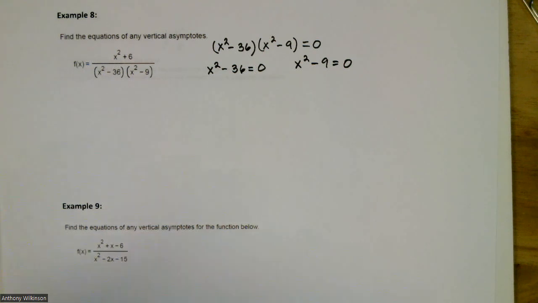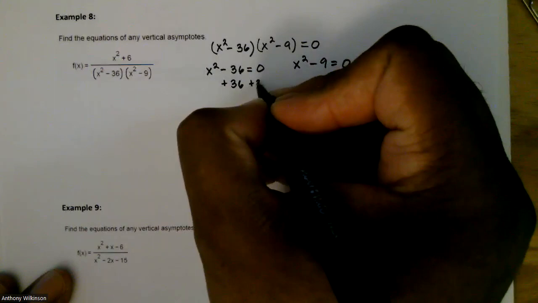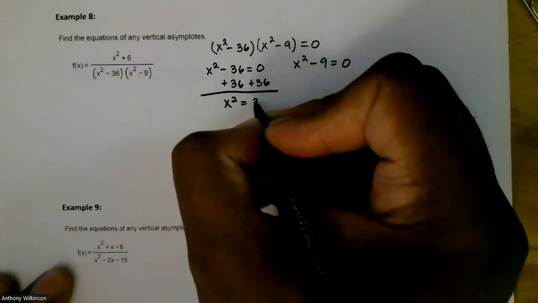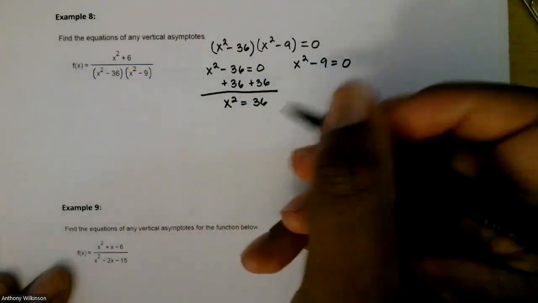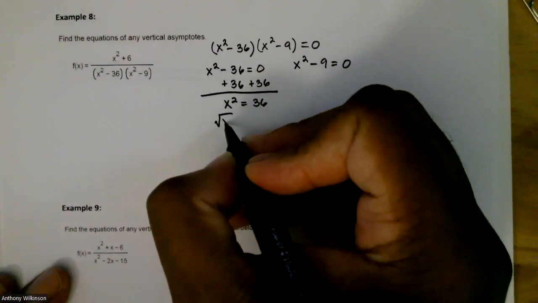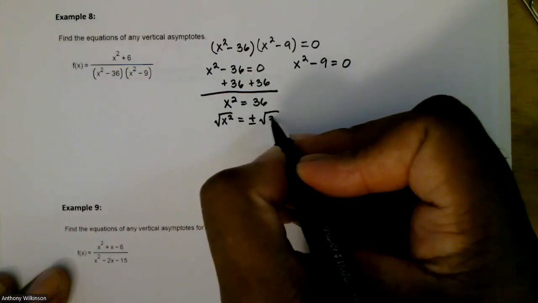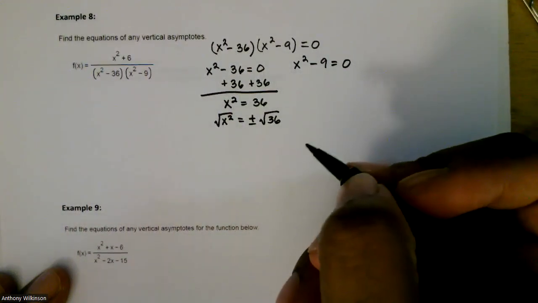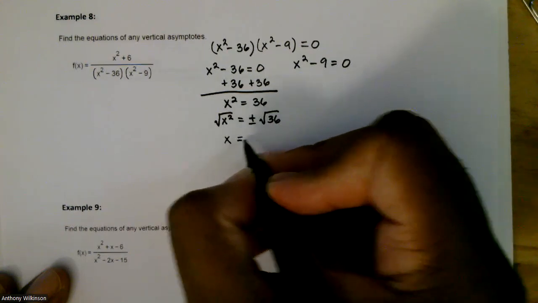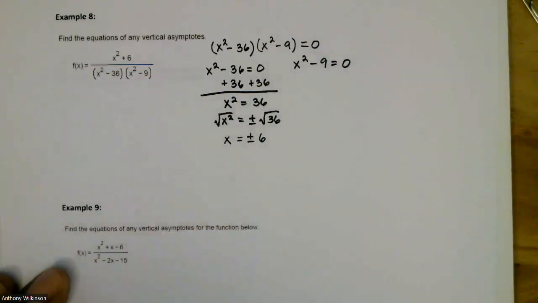So for the x squared minus 36 equal to 0, if we add 36 to both sides, that means x squared is equal to 36. Now to solve for x, we're squaring it, so we need to take the square root on both sides, and we must include plus or minus when we take a square root on both sides. So that means x is equal to plus or minus the square root of 36, which is 6.